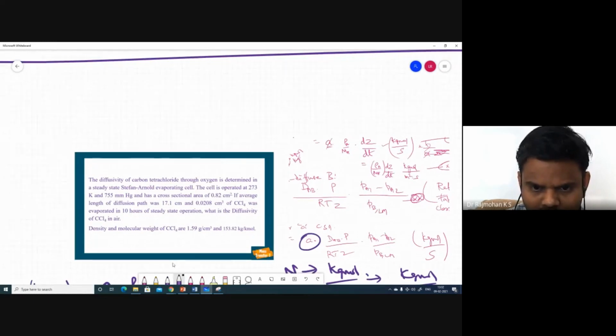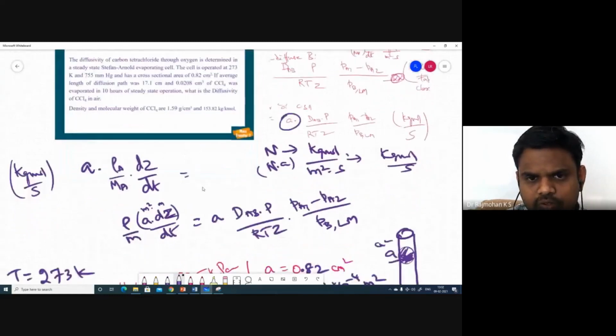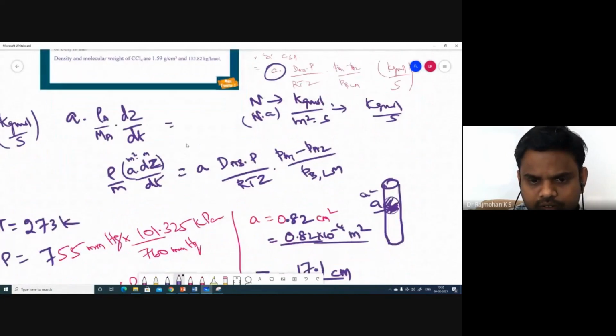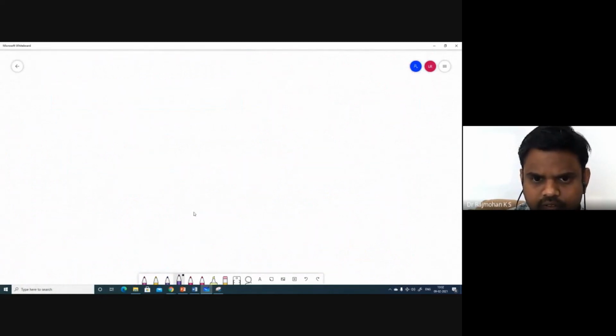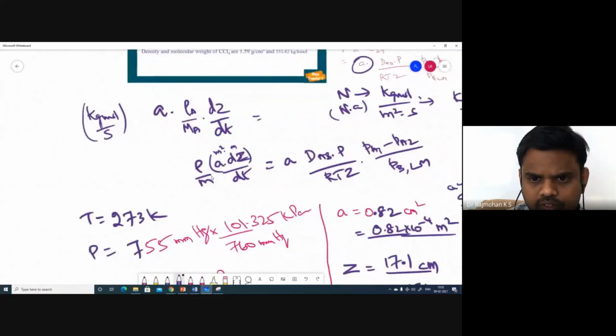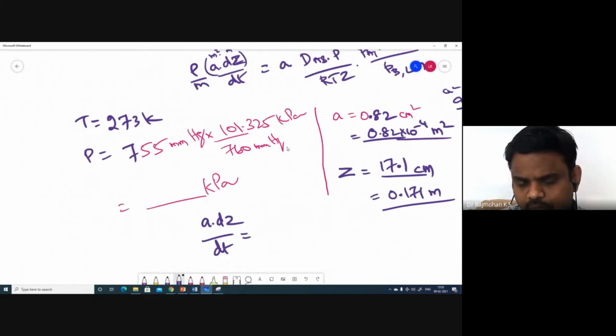So A into dZ is given, 0.0208. So this A into dZ by dt value is given. A into dZ by dt is equal to how much centimeter cube?